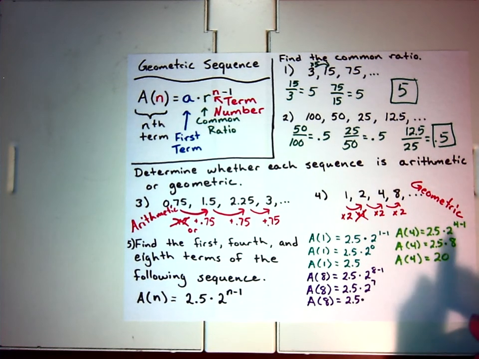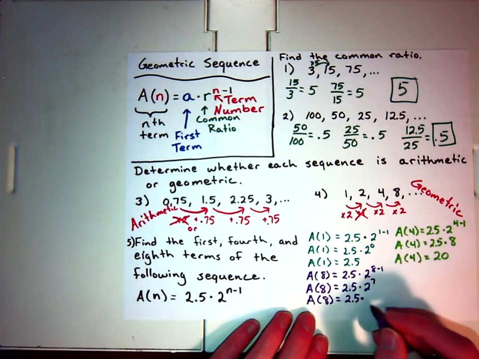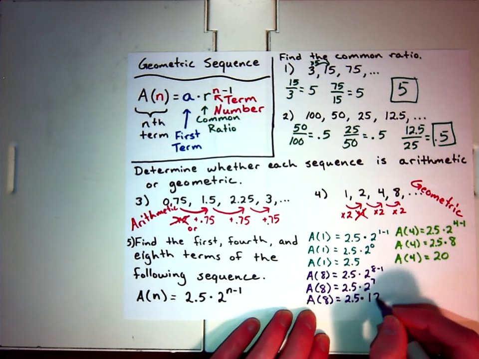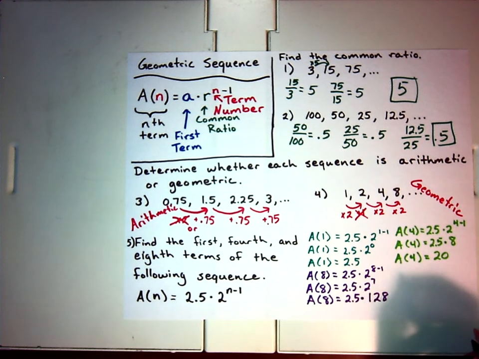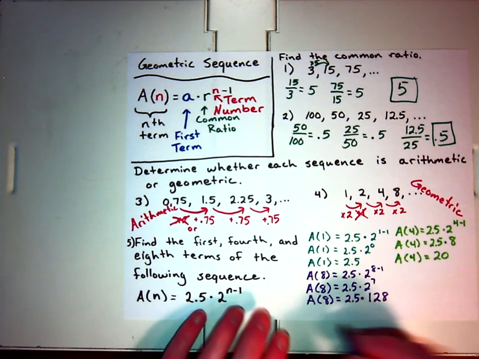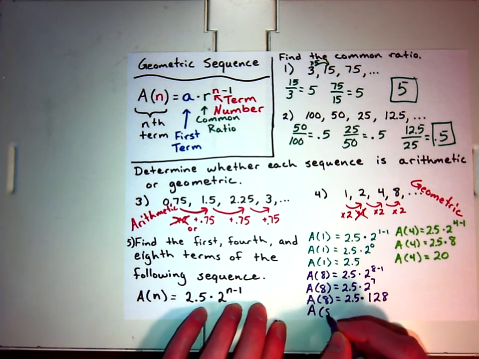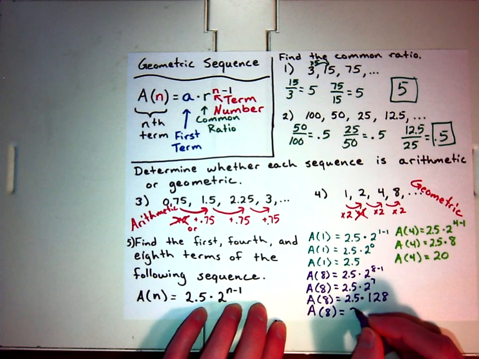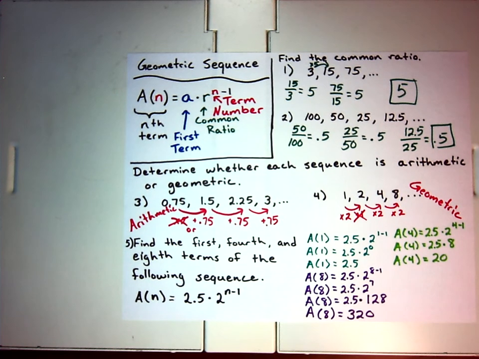Well, 2 to the 3rd is 8, to the 4th is 16, to the 5th is 32, to the 6th is 64. That means to the 7th it's going to be 128. Okay. Well, that's getting to the point where maybe I don't want to deal with that mentally, but 2.5 times 128, okay, and that's going to get us A of 8 equals 320.